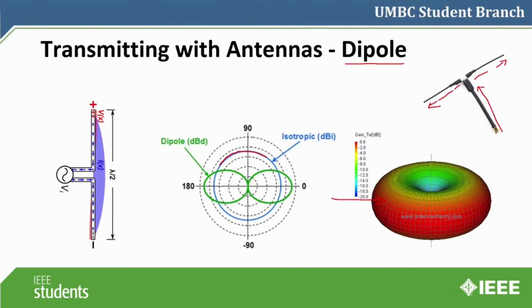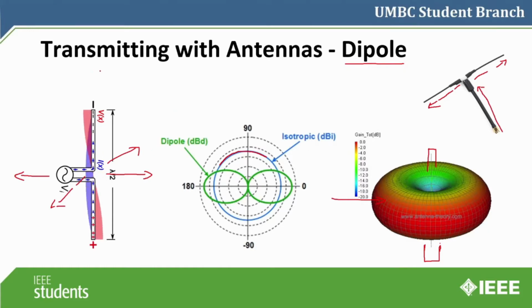And the nice thing about a dipole is that it actually creates this shape, this donut shape. And what that means is that with the wire pointing this way, right, the wire is perpendicular in the middle of the donut, then you are going to be getting the most signal strength in these directions around your antenna.